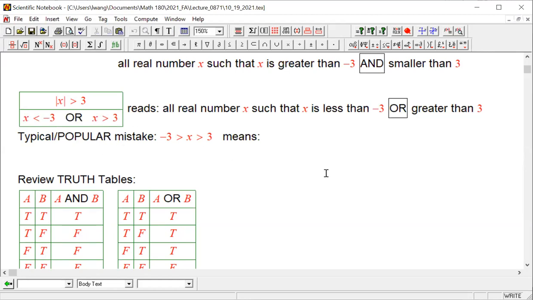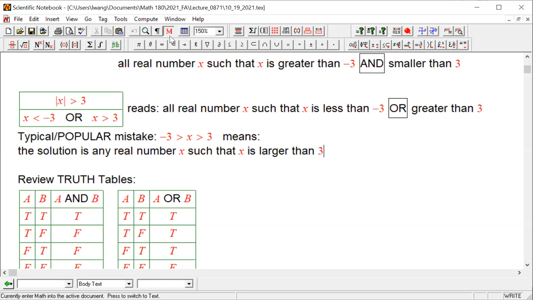Your professor will read it as the solution is any real number x such that x is larger than 3 and smaller than -3.